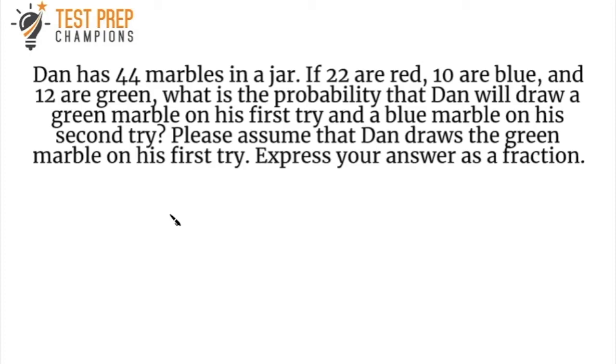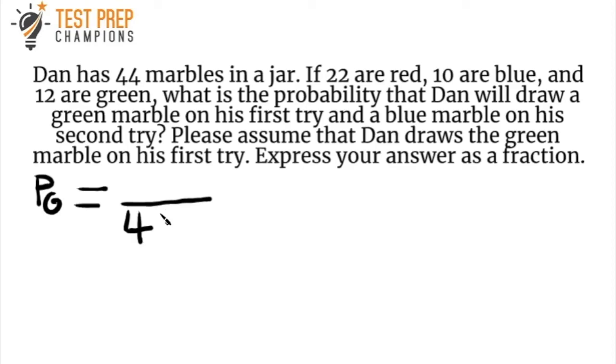Okay, so in this case, first let's calculate what's the probability that on his first try, Dan draws that green marble. So I'll put a P here for probability, and I'll put a little green here for the green marble. All right, so how many total outcomes are there first of all? Well, we know that there's 44 marbles in the jar initially, right?